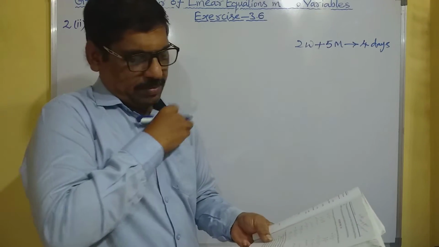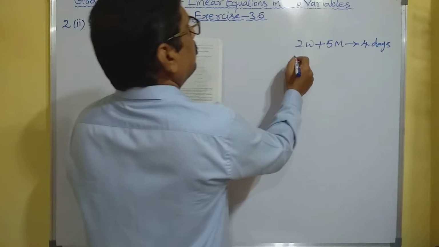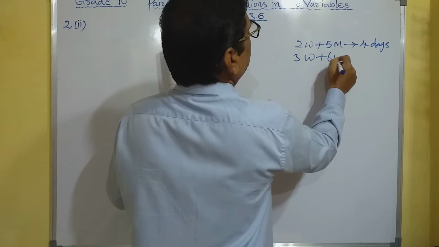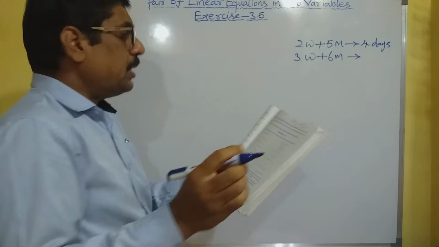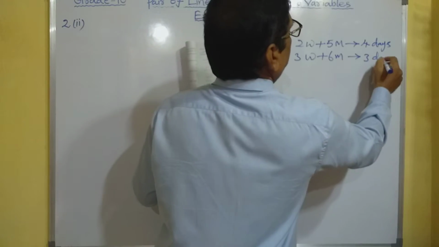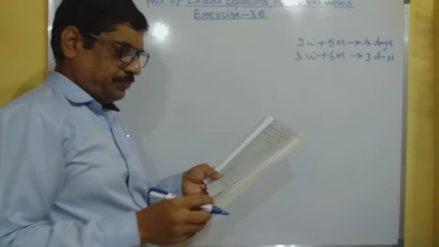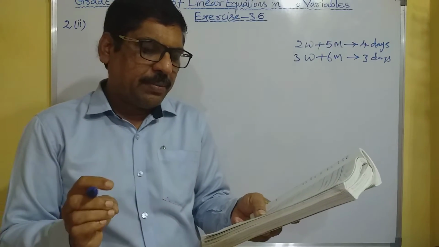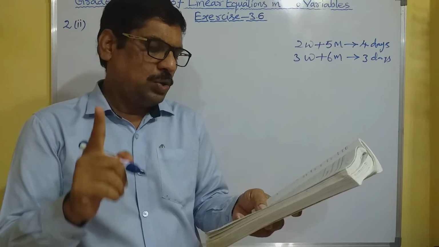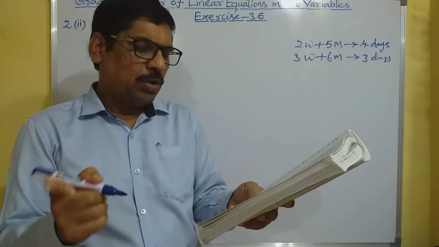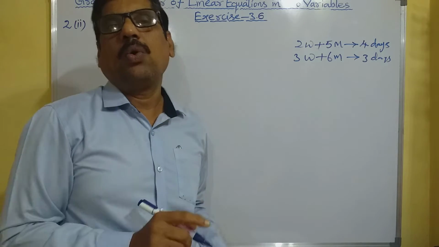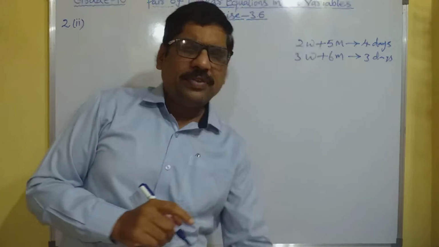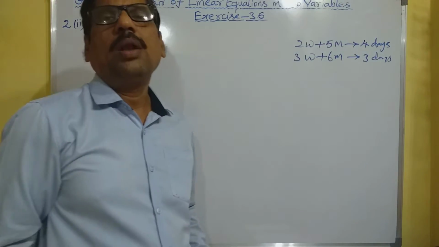While three women and six men can complete the same work in 3 days. Okay, now find the time taken by one woman alone to finish the work and also the time taken by one man alone. Okay, this is a very important model.